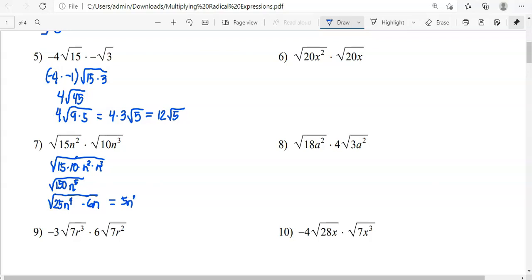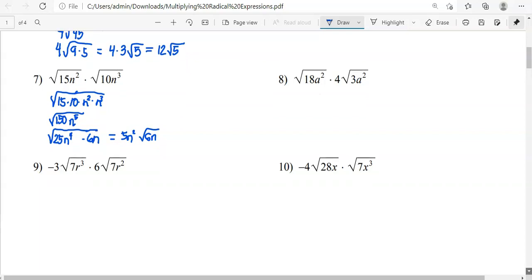Para nakuha natin n squared, dinivide lang natin exponent sa index na 2, kaya naging n squared times yung remaining factor na walang square root, so times square root of 6n. So our final answer is 5 n squared times the square root of 6n. Okay, next tayo, number 9.